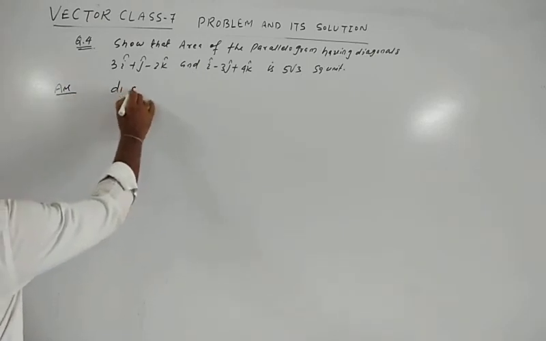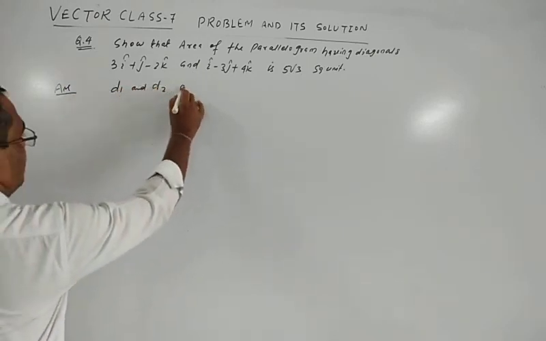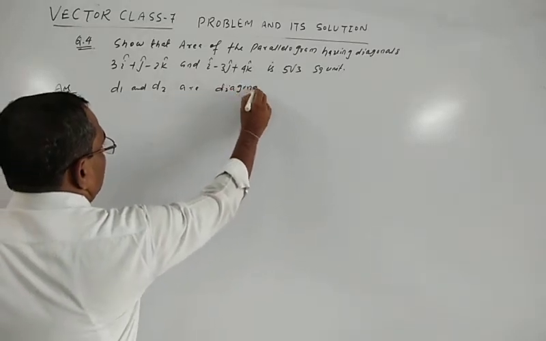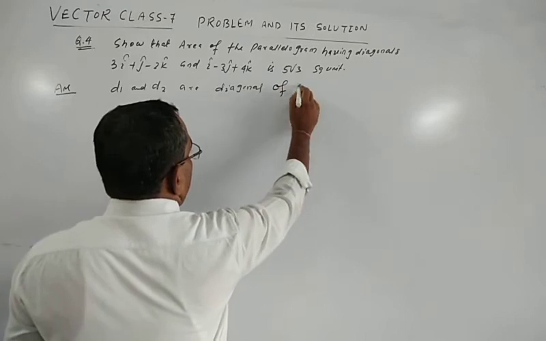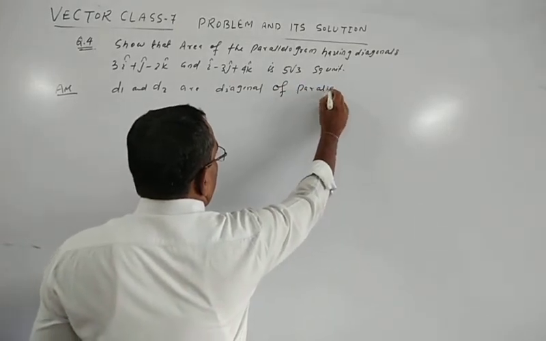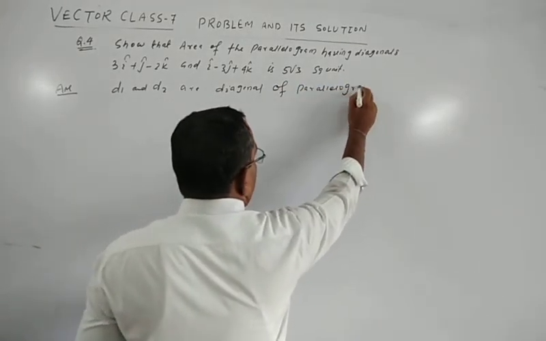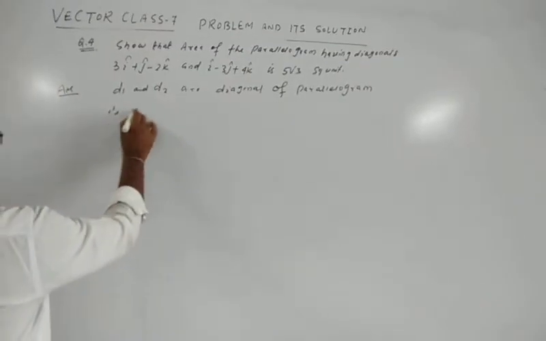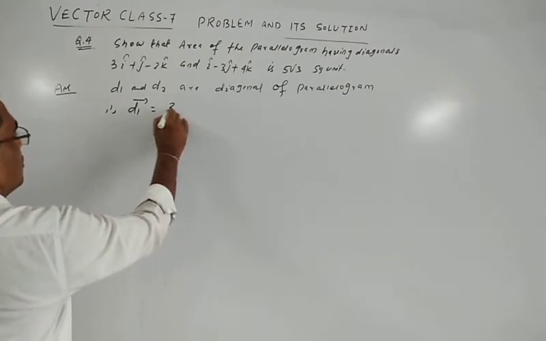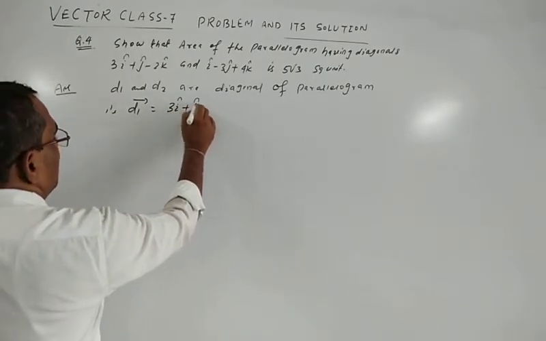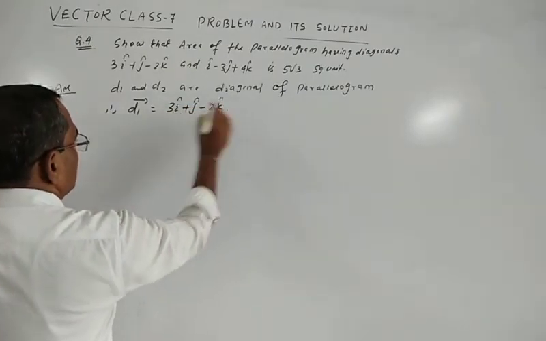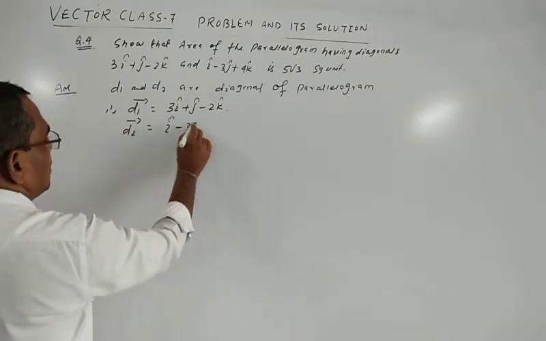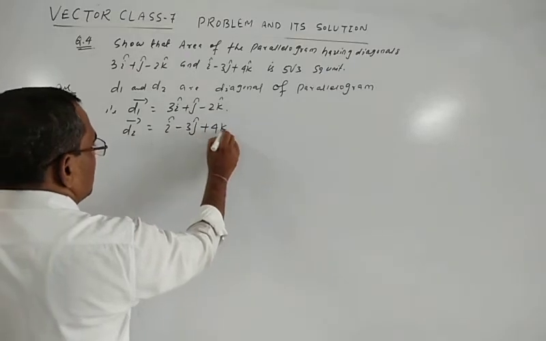Let d1 and d2 be the diagonals of the parallelogram, that is d1 vector is equal to 3i cap plus j cap minus 2k cap and d2 vector is equal to i cap minus 3j cap plus 4k cap.